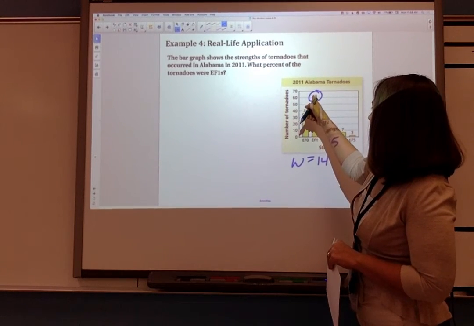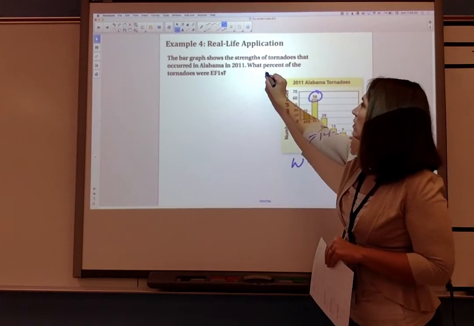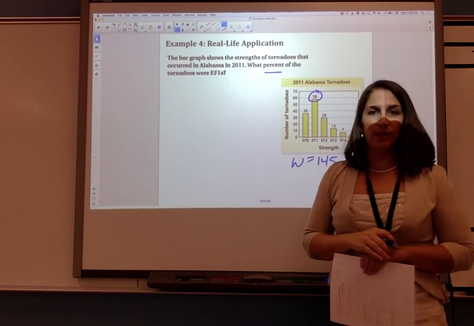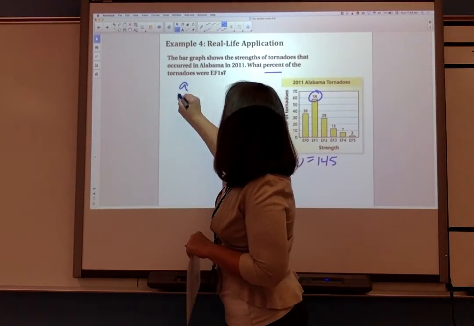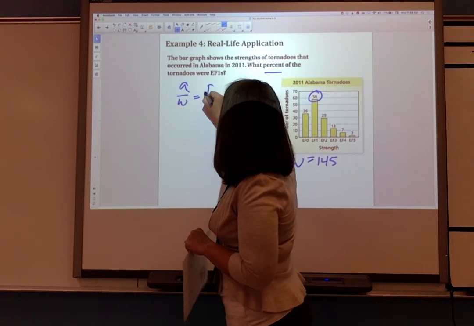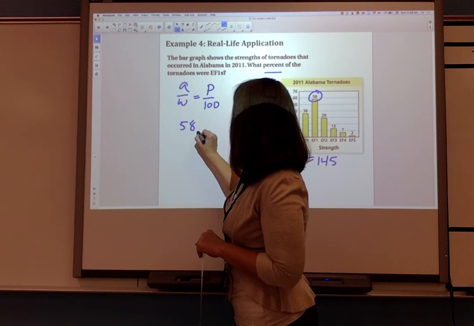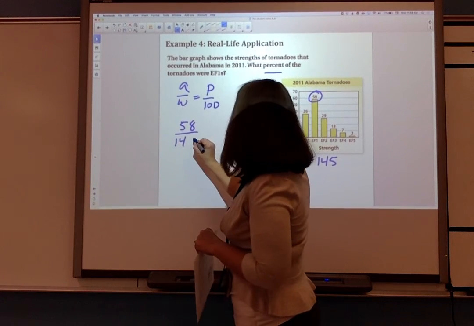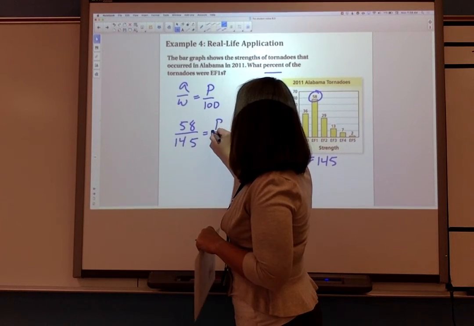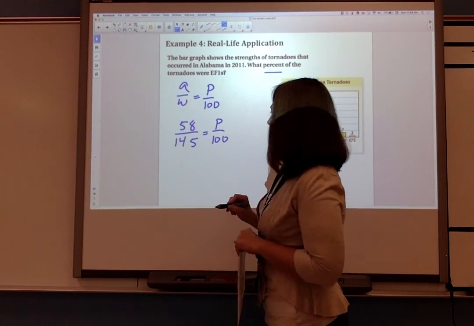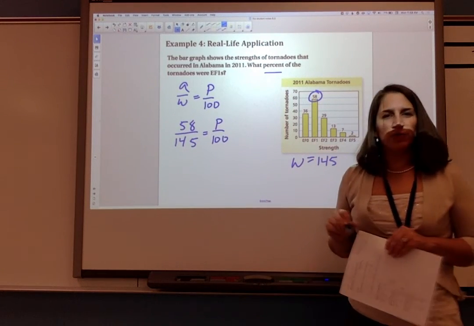So here we have the part, here we have the whole, and what we're solving for is the percent. So we have A over W equals P over 100. Our part is 58. Our whole is 145, and we're solving for our percent. Seems like a good one to use cross products.